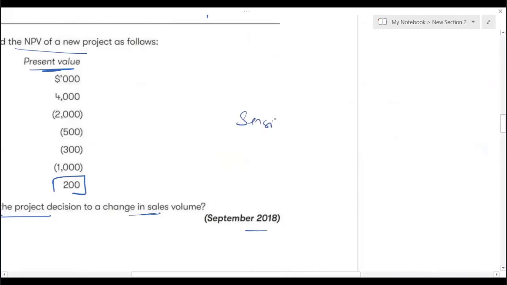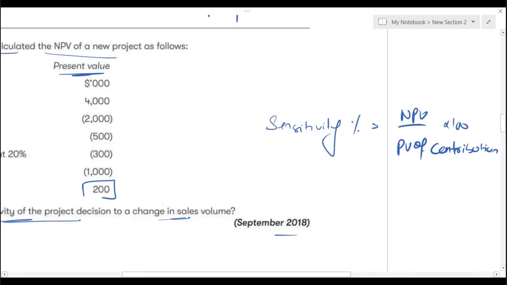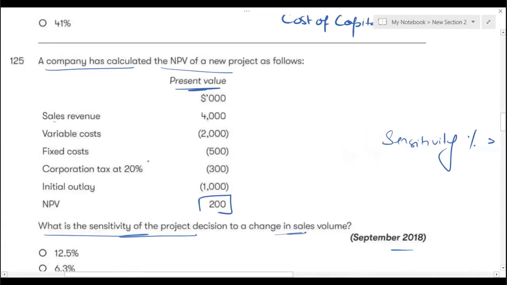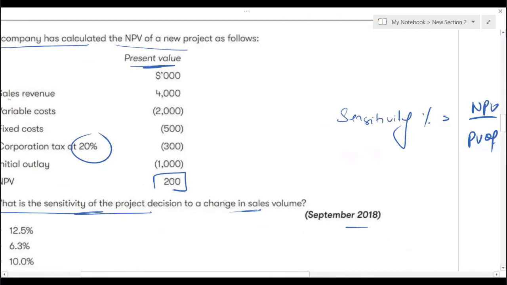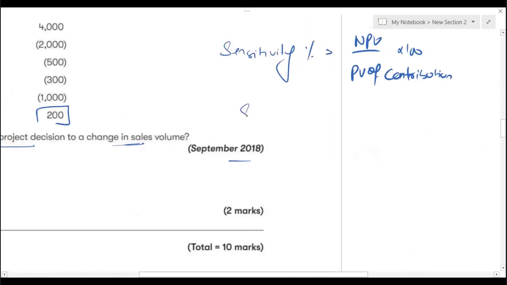The formula is NPV divided by present value of contribution. If NPV is after tax, then the denominator has to be after tax. In this question, we can see the tax as well.